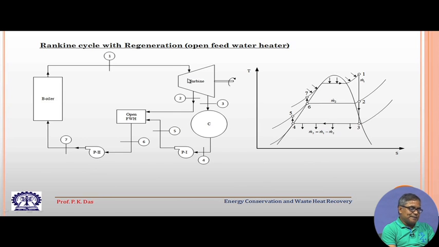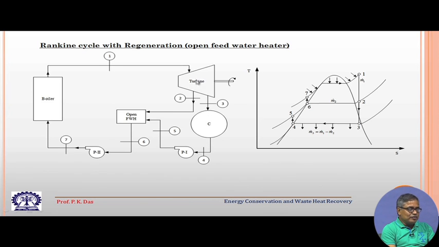When the steam is expanding from the inlet pressure to the exit pressure of the turbine, in between a certain amount of steam we will take away from the turbine. This is called bleed steam. So, steam is bled out of the turbine, and this bleed steam will be utilized for heating the condensate.